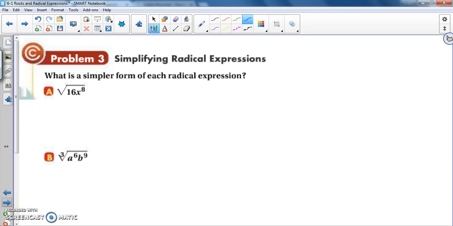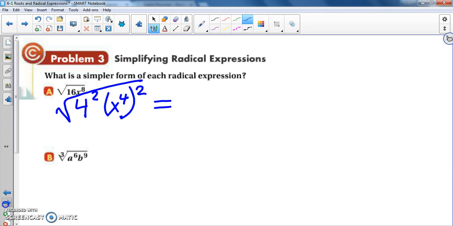So simplifying radical expressions, we have the square root of 16x to the 8th power. This is the same thing as 4 squared and x to the 4th squared, and we want the square root of that.